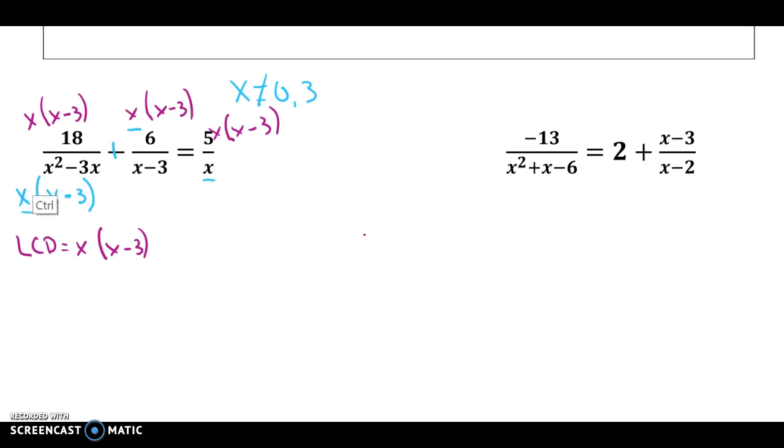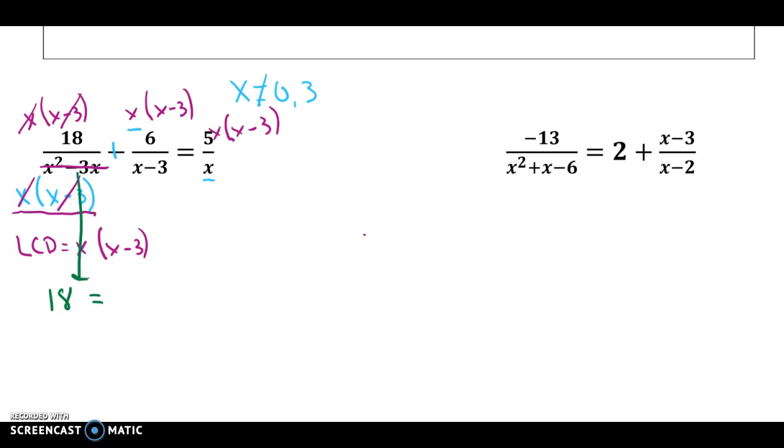So this x squared minus 3x, which is actually just this in factored form, this x is going to take out this x, and this numerator of x minus 3 will take out this new denominator of x minus 3. So from my first fraction, what I actually end up having left is just an 18.